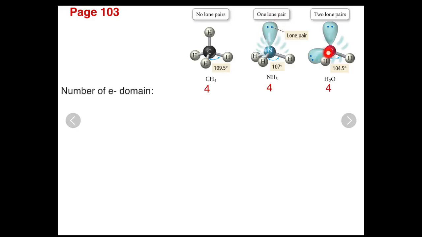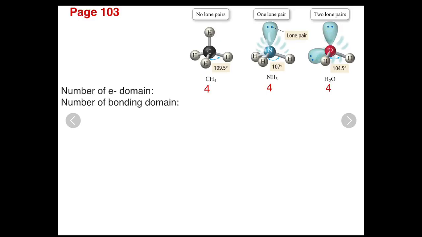For water, we have 2 regions from the shared electrons between oxygen and hydrogen, and because we have 2 lone pairs, each lone pair will occupy 1 electron region. So these are 2 separate regions, and the total is equal to 4.